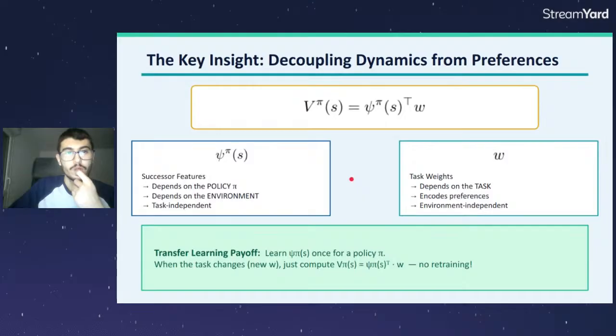So in previous work, we trained the ψ for a certain policy, and then for a new W, or new task, we just compute a new value function without any retraining.